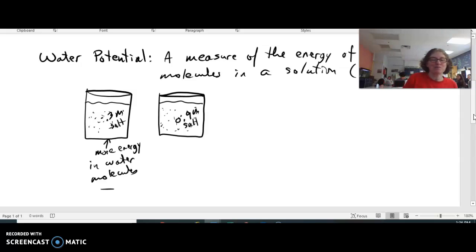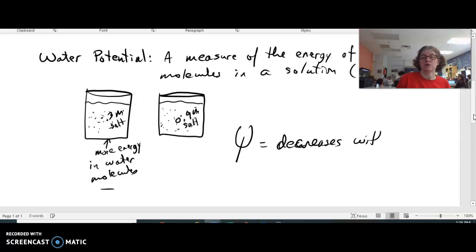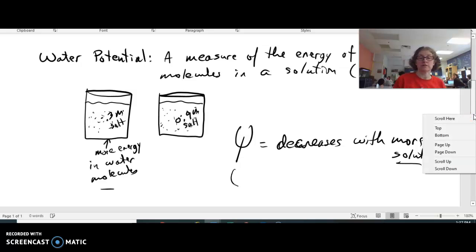Okay, so water potential, remember Mr. Anderson with the pitchfork, right? Water potential decreases with more solutes, right? So the more solutes you add, the less the water potential is.